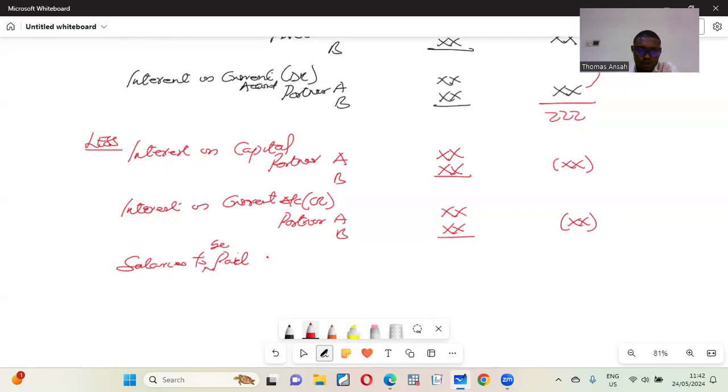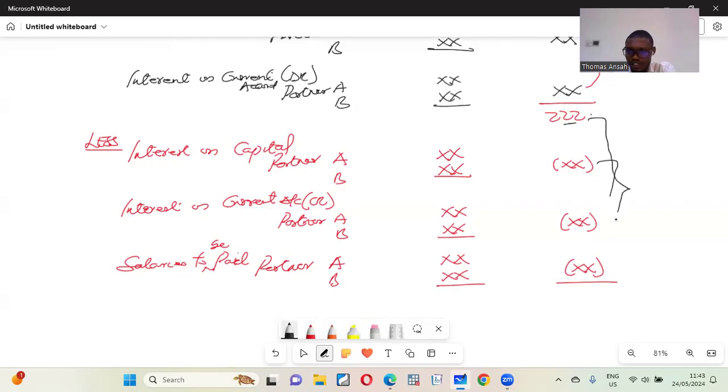So if partner A is to be paid a salary, we take off. Partner B is to be paid a salary, we take off. We put them together, then we deduct. So we take this and less all these three things, and we will have what? Profit to share.